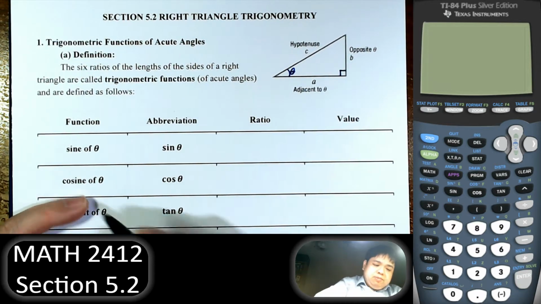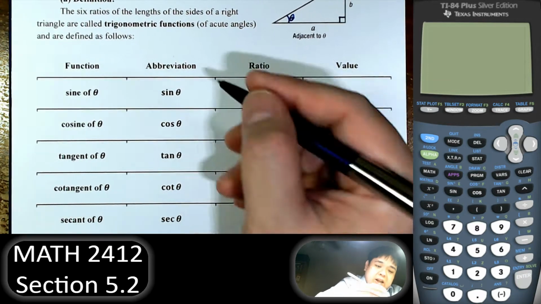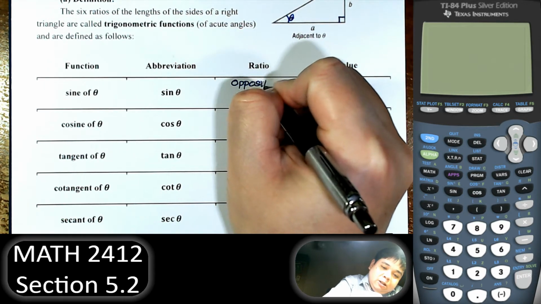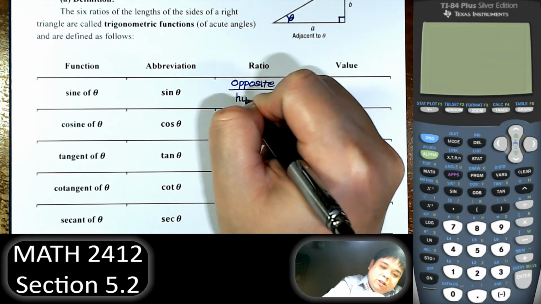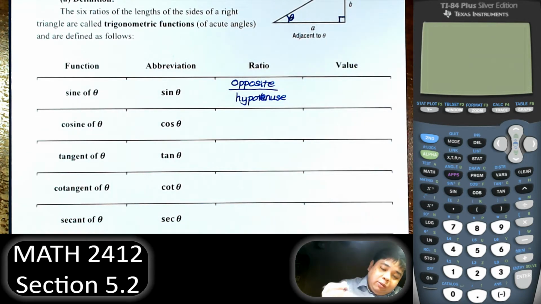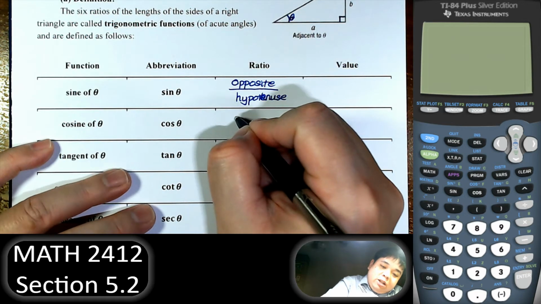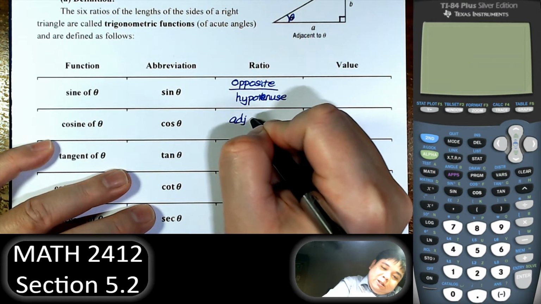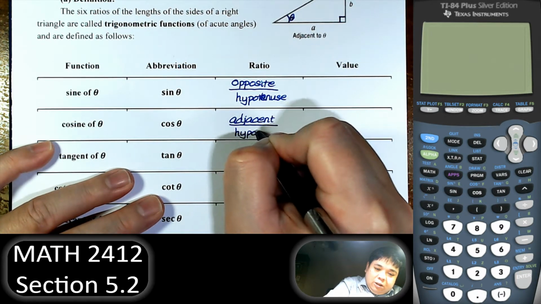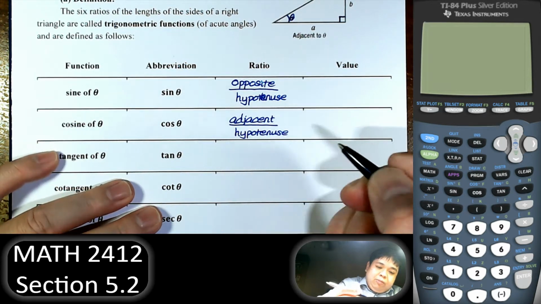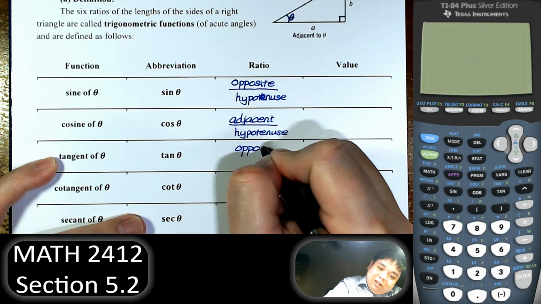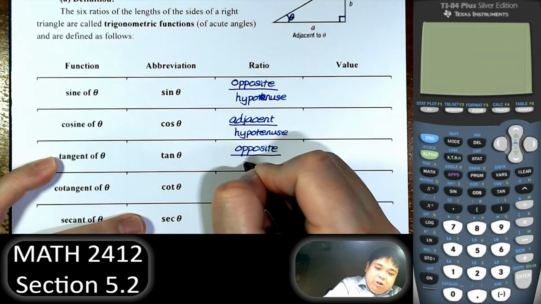The way we define this: sine is opposite over hypotenuse. And cosine is adjacent over hypotenuse. Tangent, opposite over adjacent.